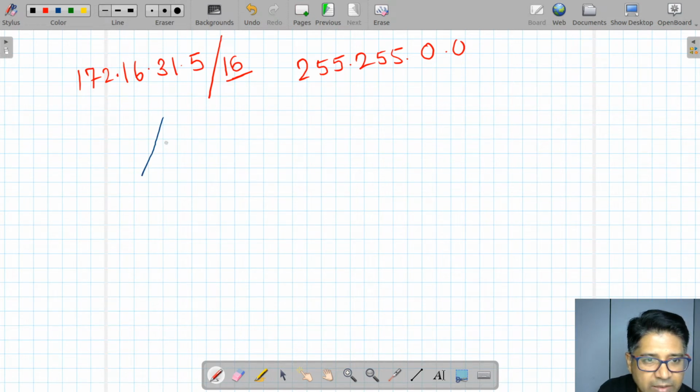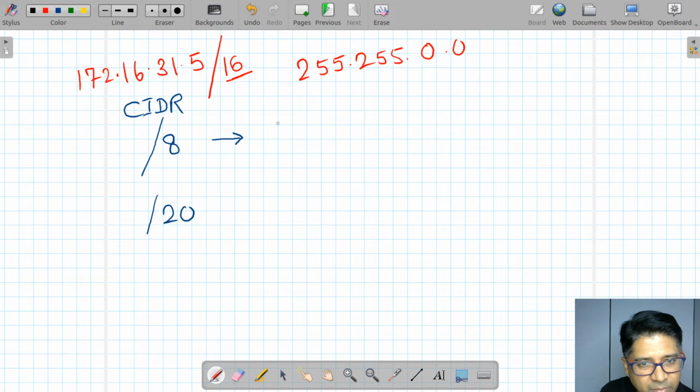Now I'm writing two CIDR values. What will be the subnet? Manmohan, can you give me the subnet mask? Sir, 255.0.0.0.